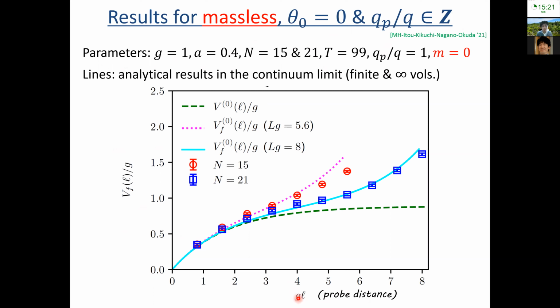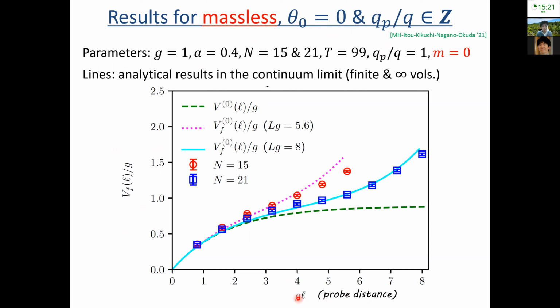And this is the result for the massive case. And again, we basically have an agreement with the analytical result obtained by mass perturbation theory. And here is a comparison. This is a repeat of the two plots in the last two slides.